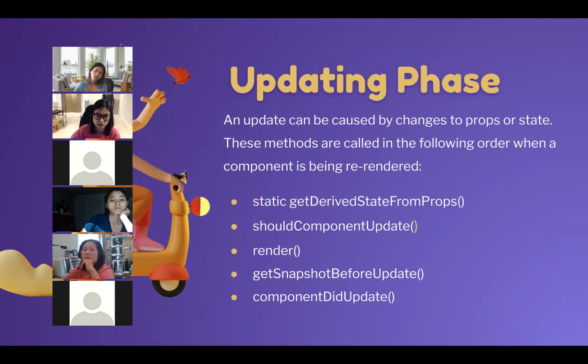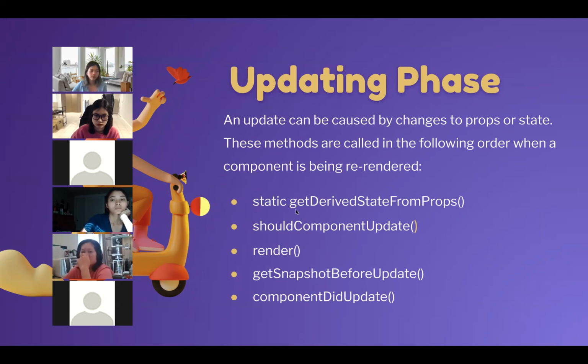If the component is already mounted into the DOM but the state in that component gets updated, that is the updating phase. This time componentDidUpdate will run, not componentDidMount. But before that, it has to go through all the invoked functions.